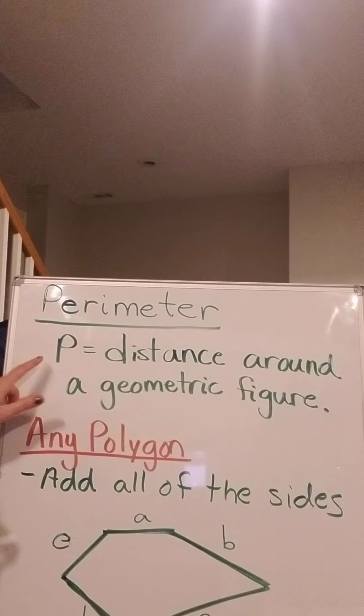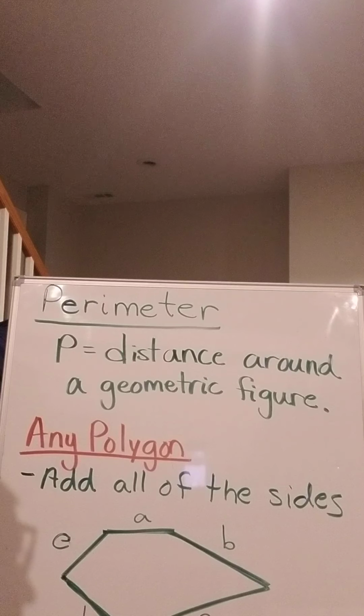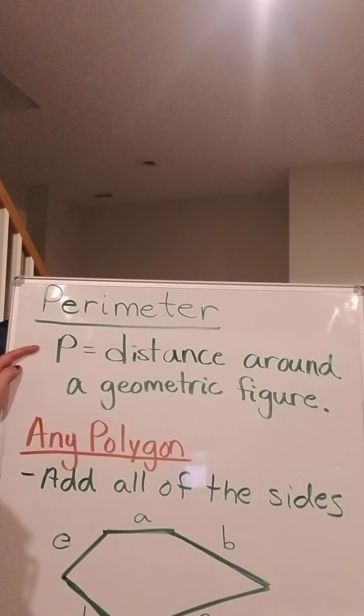Perimeter. Perimeter is just the distance around a geometric figure. I always like to think of it as a fence around somebody's lawn. How much fencing are you going to need around the whole lawn? Okay, so the distance around any geometric figure is called the perimeter, and that is P. Any polygon. A polygon is a shape.